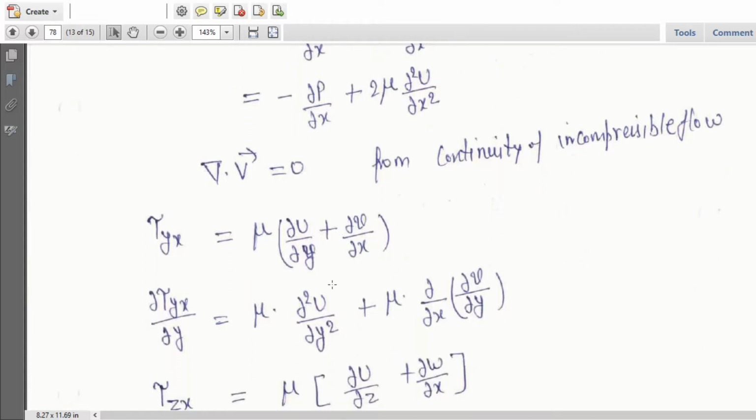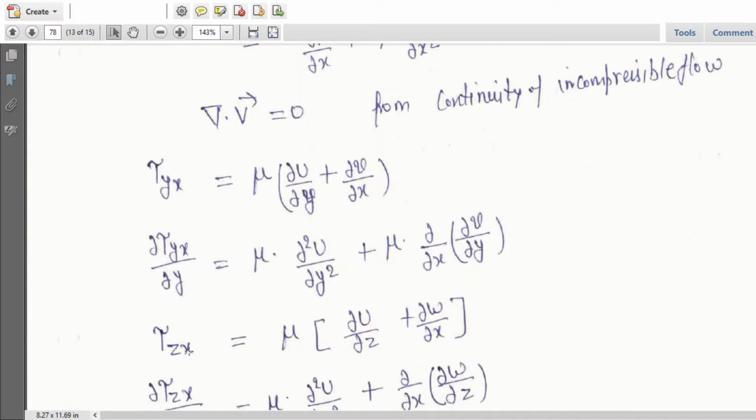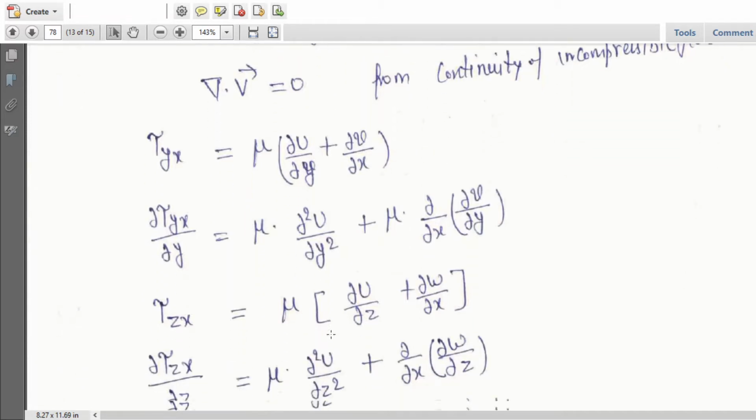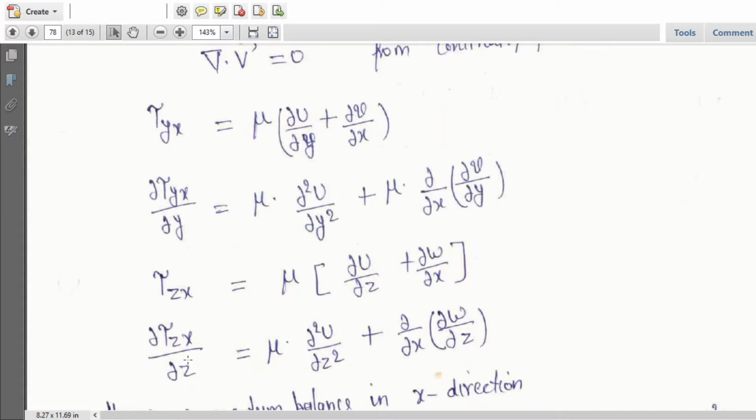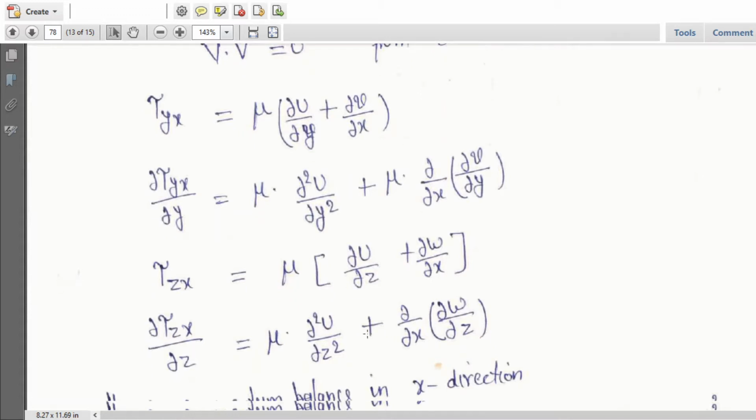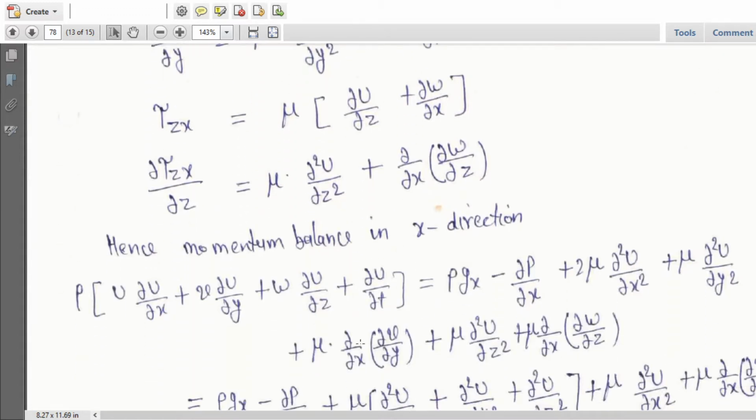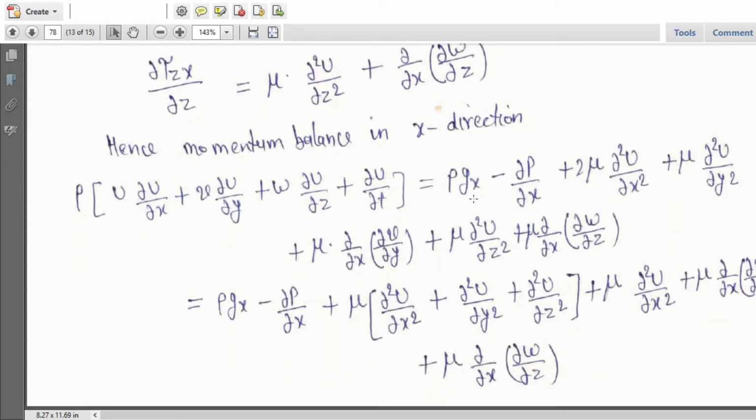Now we have tau yx, and we can calculate the del tau yx upon del y term from here. Del tau zx is given by this equation, so we can differentiate this with respect to z. Therefore we can get the x momentum balance here.